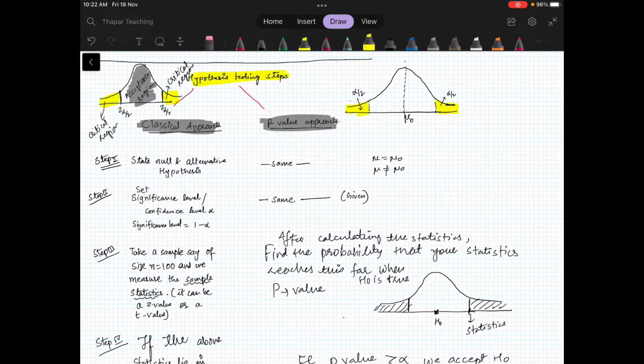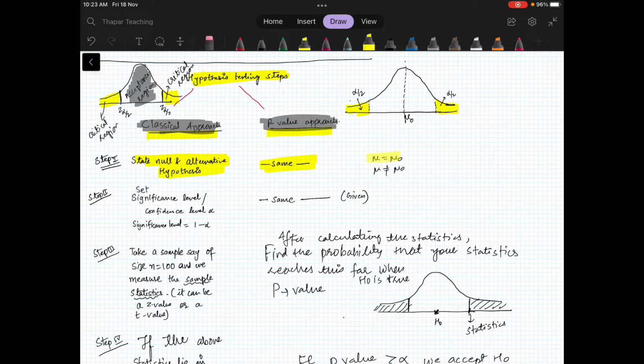Let us look at the steps of each approach. The first step is the same for both approaches, classical as well as p-value. Step one is that you have to state your null and alternative hypothesis. We learned about this in the last video. For example, suppose we have discussed the mean problem.